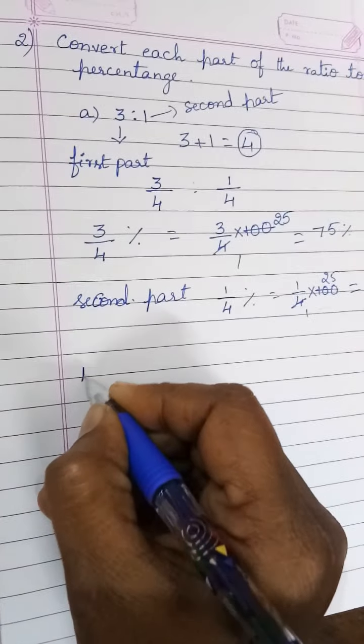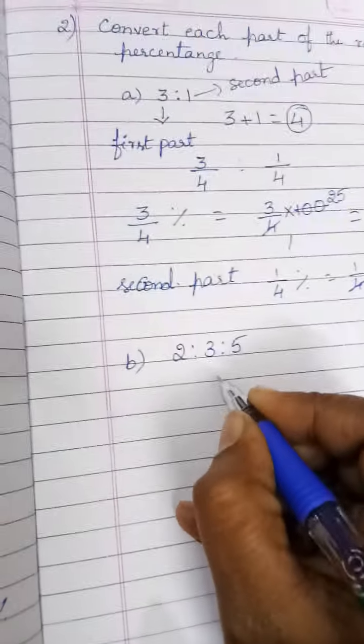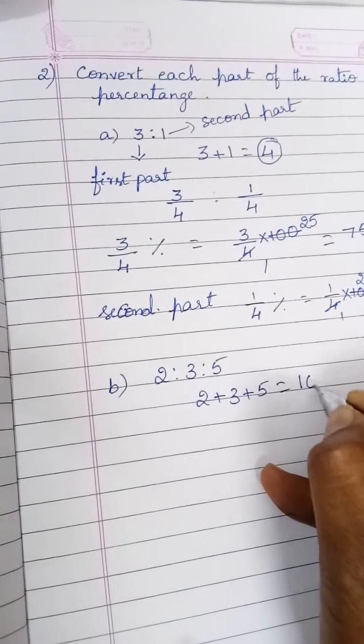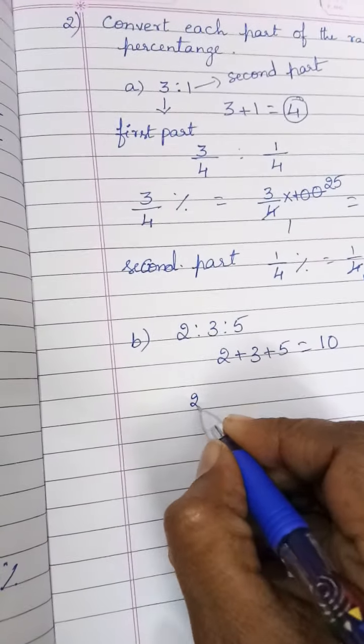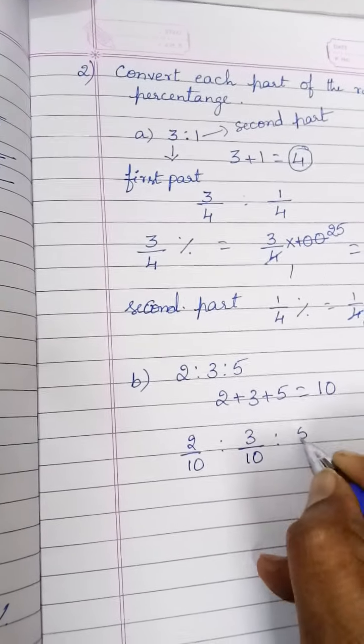Okay, the second one. 2:3:5. What is the total of this? 2 plus 3 plus 5. It is 10. So 2/10 is to 3/10 is to 5/10.